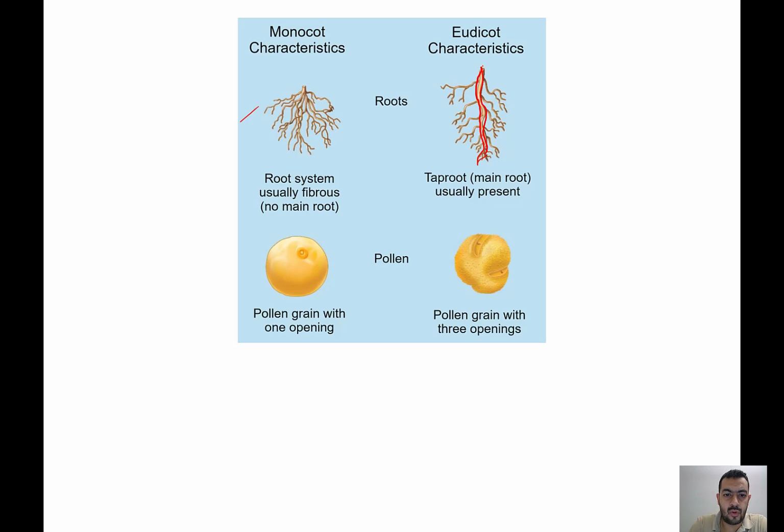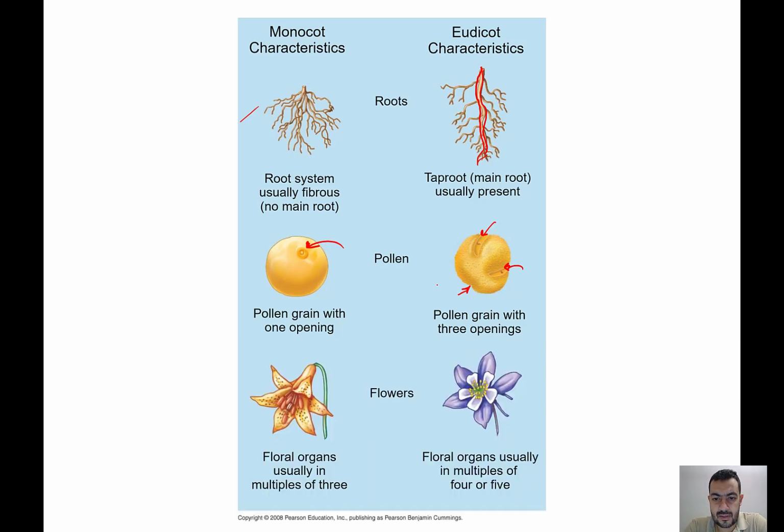If you find one opening in the pollen, that makes it characteristic for monocot. If you find three openings, that is a characteristic of a dicot. So as you can see here, this is one opening, this is another opening, and here is the third opening, which could be seen from the other side.